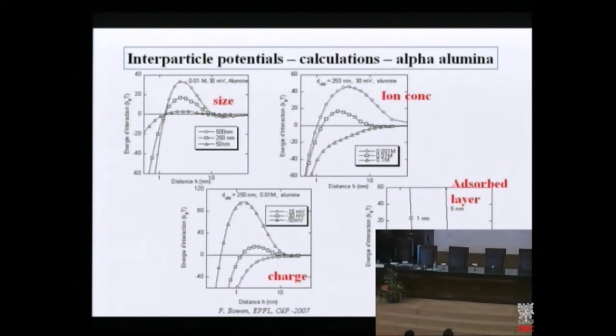Ionic concentration. If we take 250 nanometer particles, 30 millivolt surface or zeta potential, alumina, at 10 to the minus 3 moles, we have a 40 kT barrier, at 10 to the minus 2 moles, only about 10 kT, at 0.1 moles, no barrier. So it depends on the ionic medium. If you're working with something where there's a risk of a certain amount of solubility, you can work at high pH or low pH to create high charge.